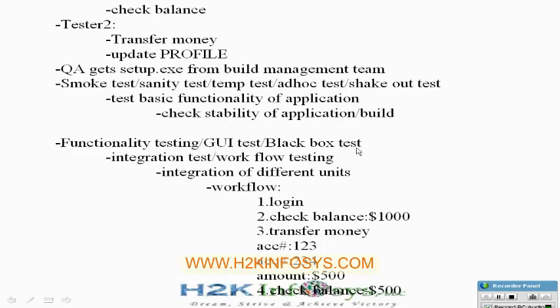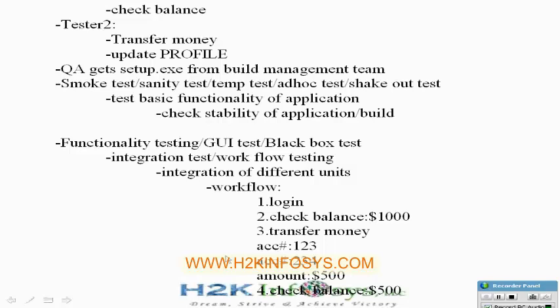That's where the functional testing, GUI or black box testing, comes in. When the developers do it, we name it white box testing, whereas when the testers do it, we name it black box testing. So what is the difference between these two? White box testing means, if you look at Gmail, if you enter the username and password and click login, the developer can see how the code is executing line by line.